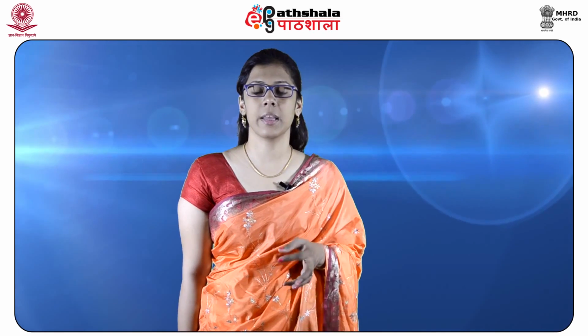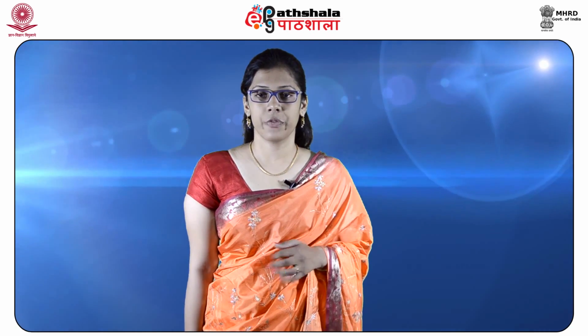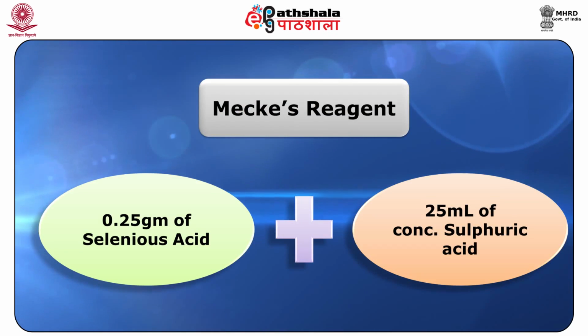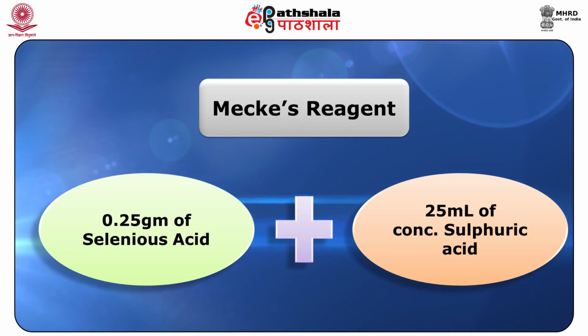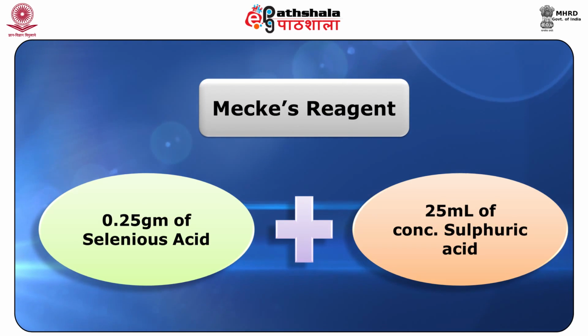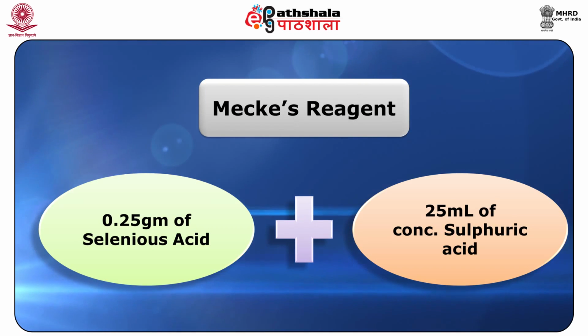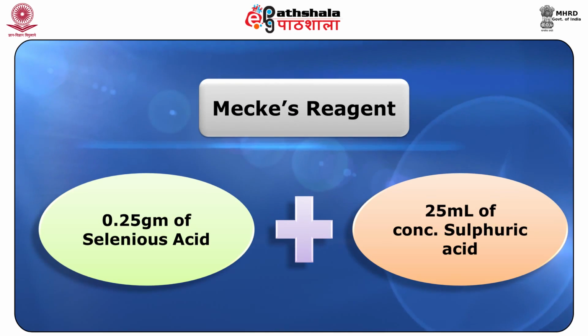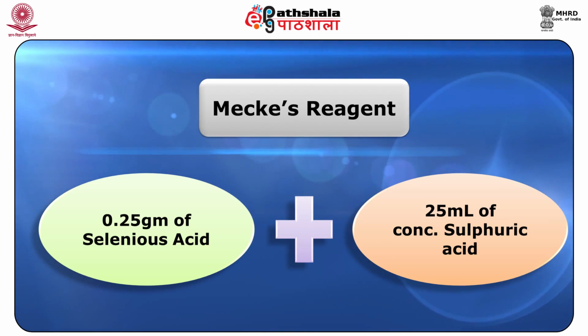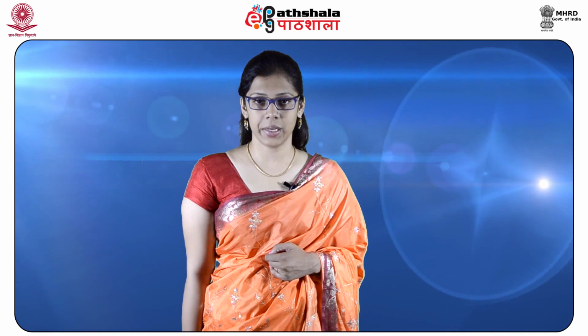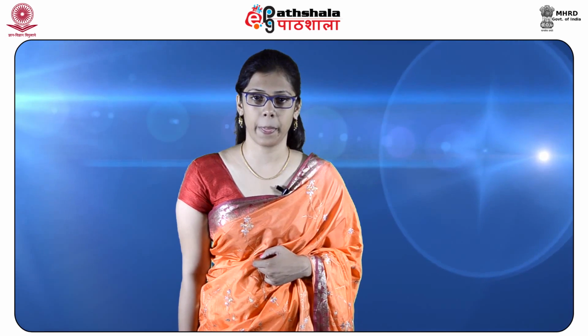Next is the Mecke's test. First we have to prepare the Mecke's reagent. 0.25 gram of selenious acid is dissolved in 25 ml of concentrated sulfuric acid. Now let us see the procedure.